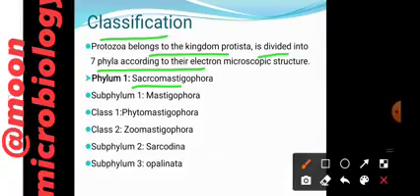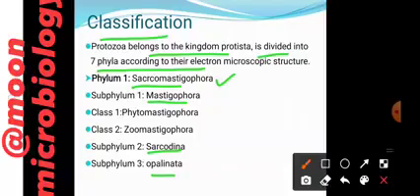If we talk about their movement, they move through flagella or cilia, or pseudopodia, meaning false feet. Sarcomastigophora is further divided into 3 subphyla: Mastigophora, Sarcodina and Opalinata.